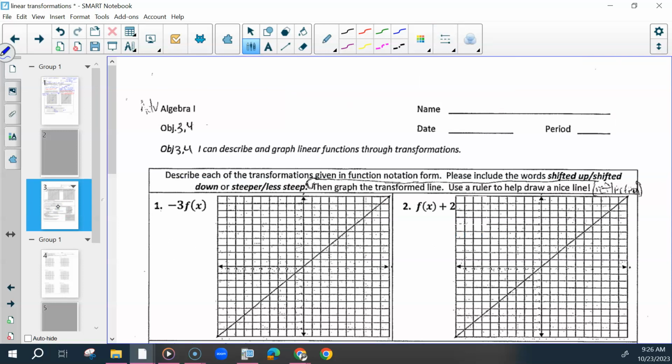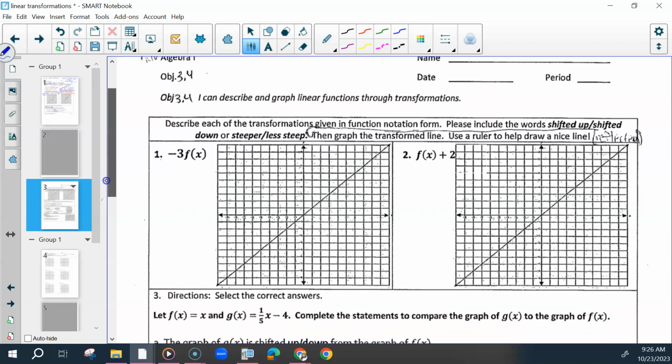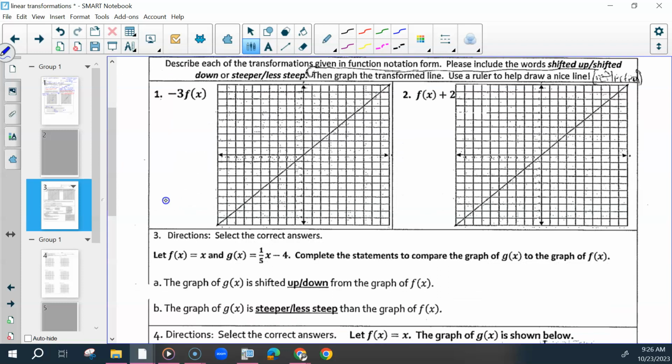So these are very similar questions, but now they've changed. So we're going to describe, number one, what changed, what happened. You need to rewrite your transformation words on this page. Do that. It did reflect. What reflected? The slope reflected. So those are two different things.